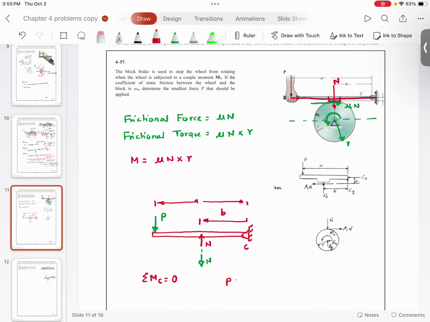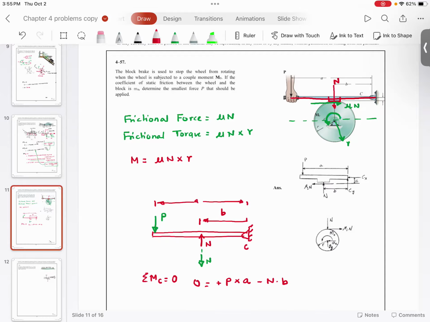So you will say P multiplied by A, curl your fingers in the direction of moment, is positive, minus N times B. So this is the principle of the drum brake.